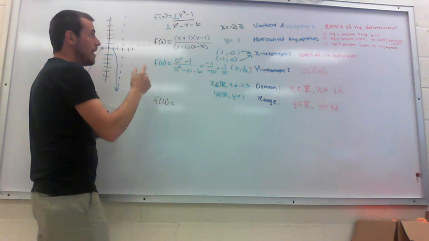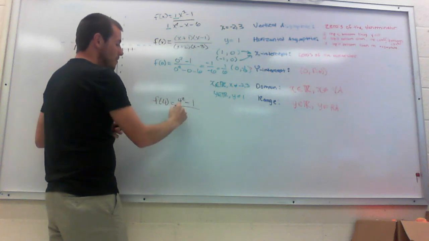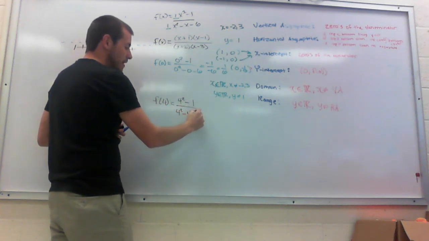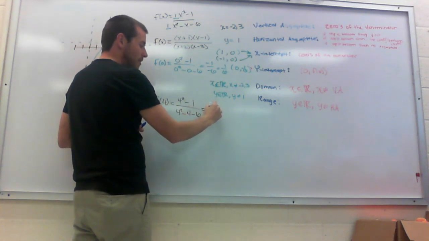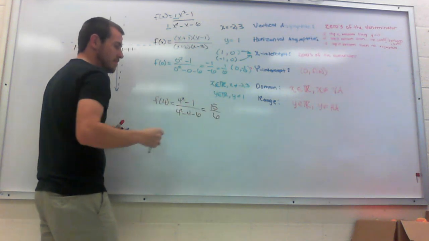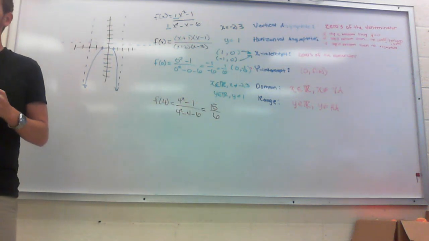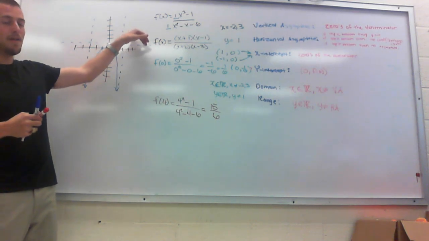I'll plug a 4 into my function, which would be 4 squared minus 1 over 4 squared minus 4 minus 6. Looks like on top I have 15, and on bottom 6. Now, like I said before, just the fact that it was positive, we would say, well, it has to be above.